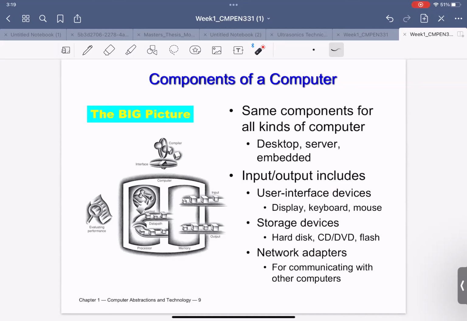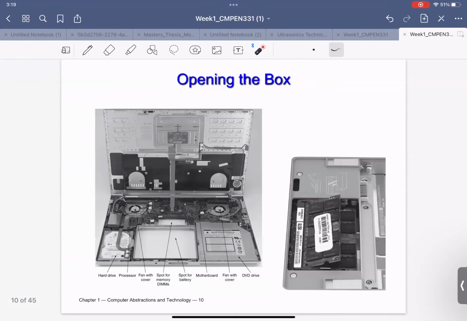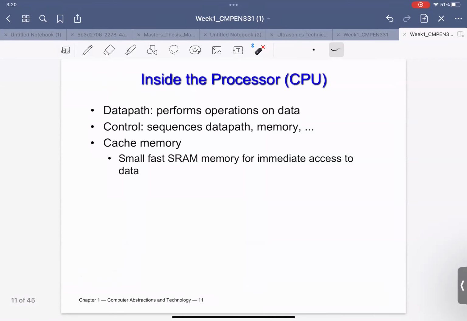We will not concentrate on the input output, the network adapter and stuff like that. What we are concentrating on is just the CPU that we have, and also the memory that we are interfacing with.